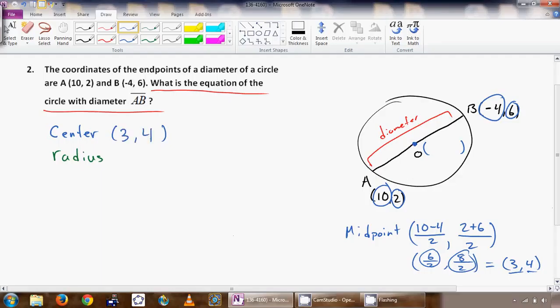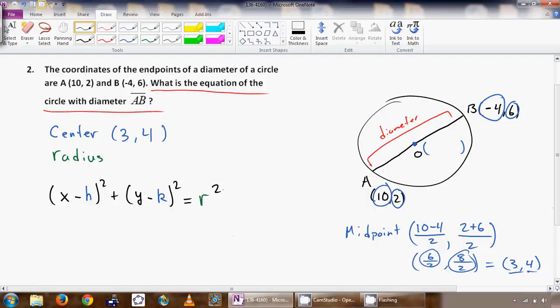Now, if I write out the equation of a circle, we know it's (x minus h) quantity squared plus (y minus k) quantity squared, and that all equals my radius squared.